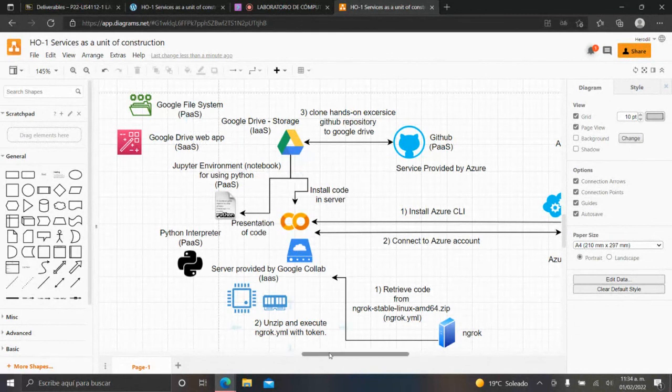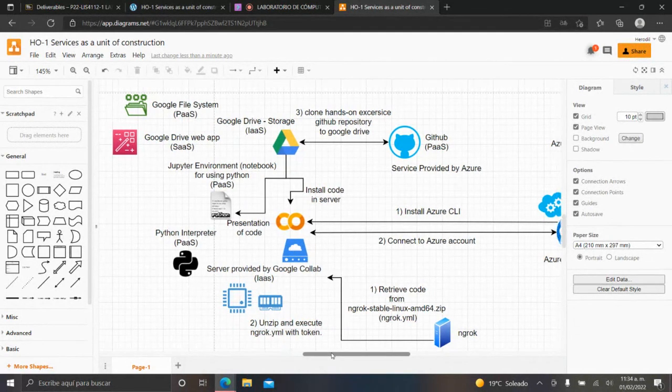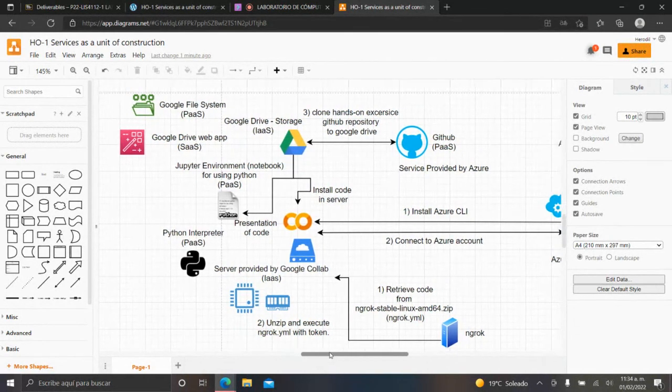No, you do not. It goes back and forth from both sides, from the Google Drive to the storage and to the file system. In fact, the file system is connected to the Google Drive storage, and the web app is only connected with the file system. Do I put it like that, or can I put it just like this? Now put the arrows.